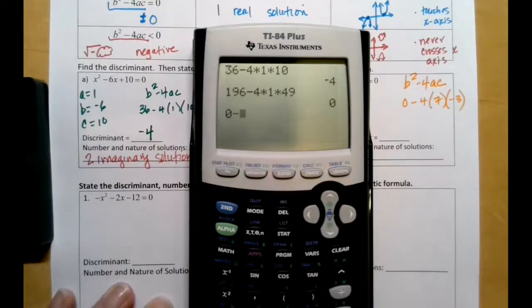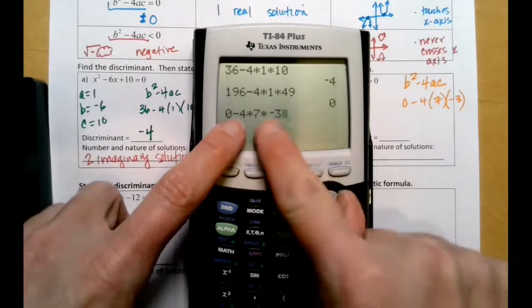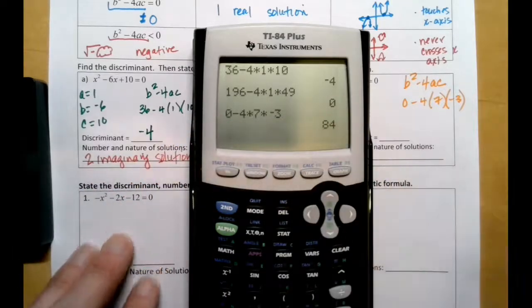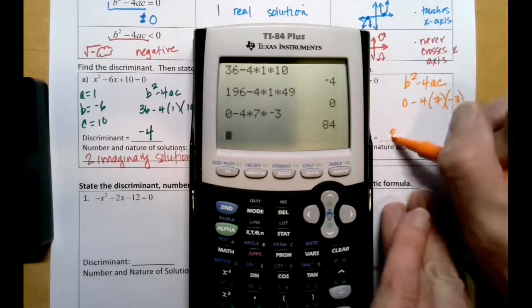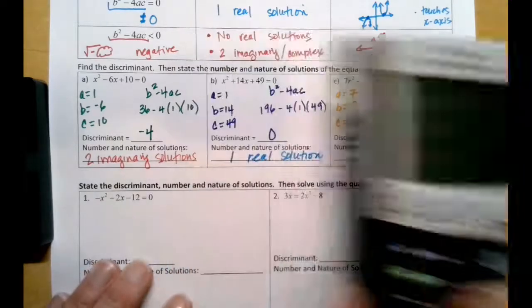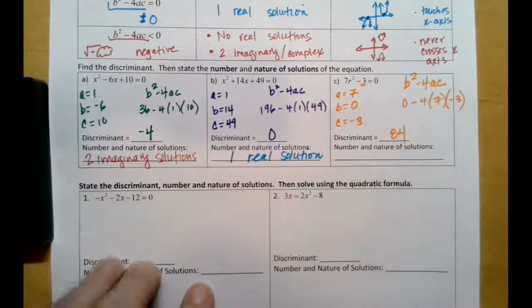Now these two negatives are going to cancel out. I'm going to get a value of 84. My discriminant value is 84.